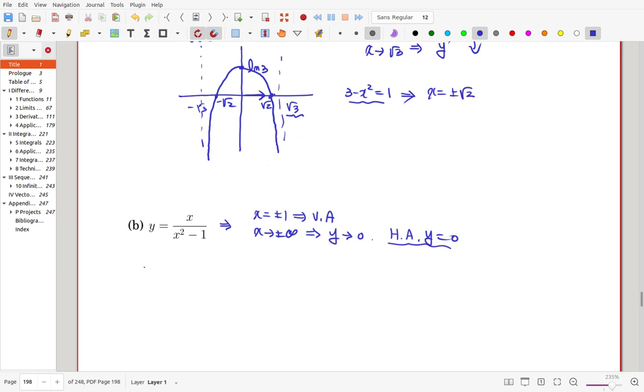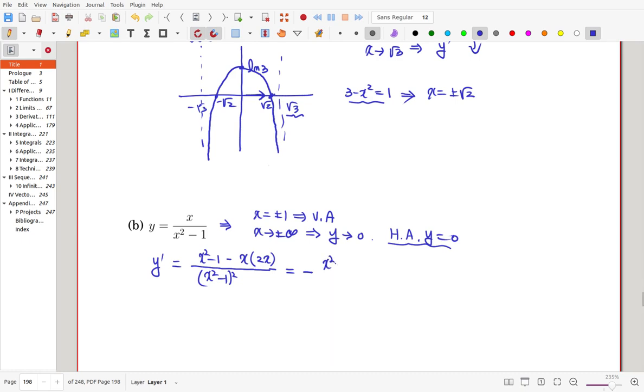Now for that one, start with y prime, that is, by using the quotient rule, bottom squared, and now the x derivative is 1 times x squared minus 1, minus x times the derivative of the bottom, which is 2x. So that is the same as x squared minus 2x squared, which is minus x squared.